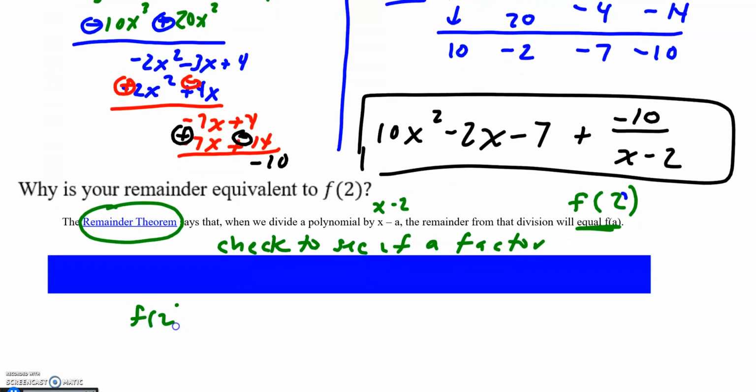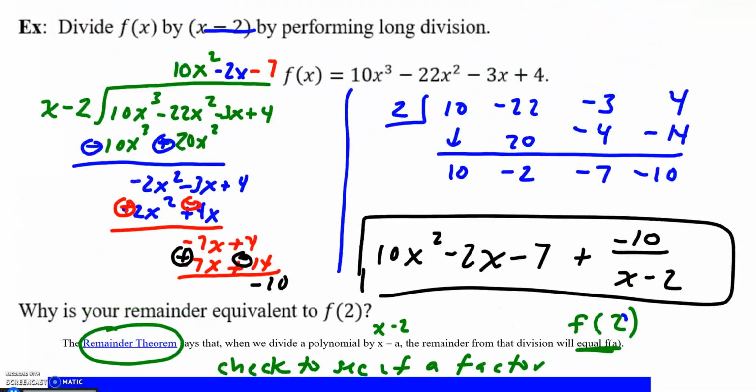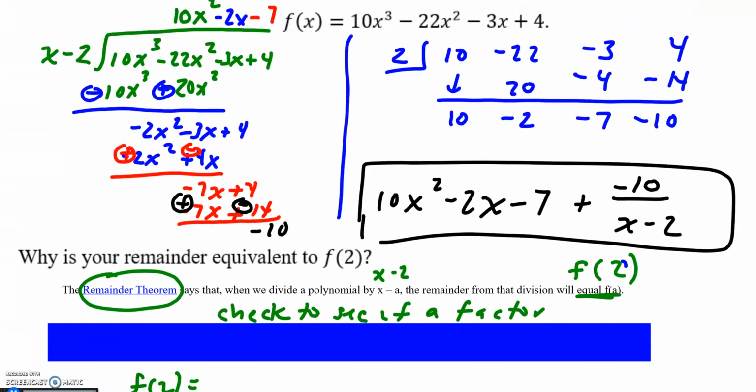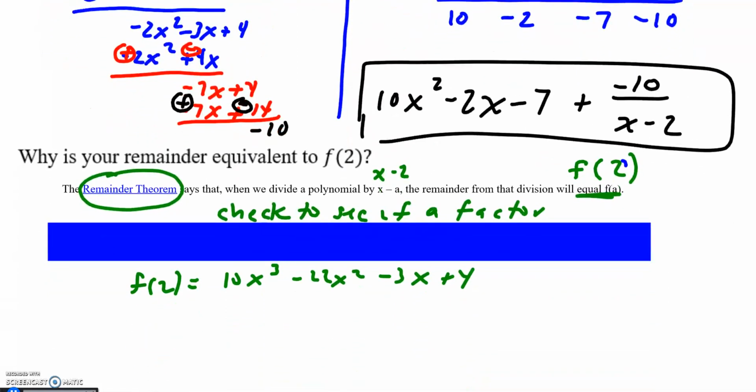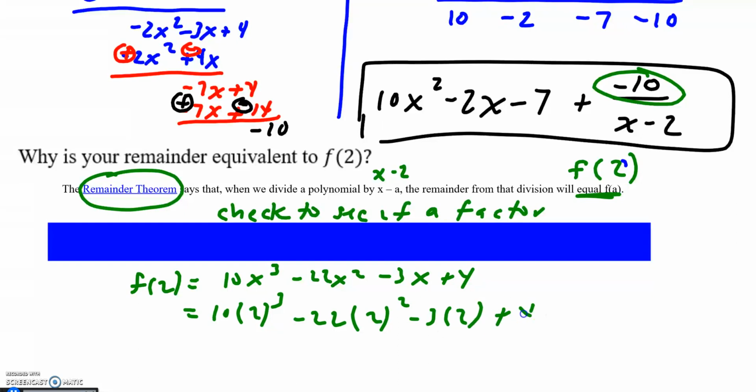So in this problem, for instance, if I had plugged f of 2 into my original polynomial, which was 10x cubed minus 22x squared minus 3x plus 4, I should get the answer of -10, which is my remainder here. So let's see. 10 times 2 to the third minus 22 times 2 squared minus 3 times 2 plus 4.